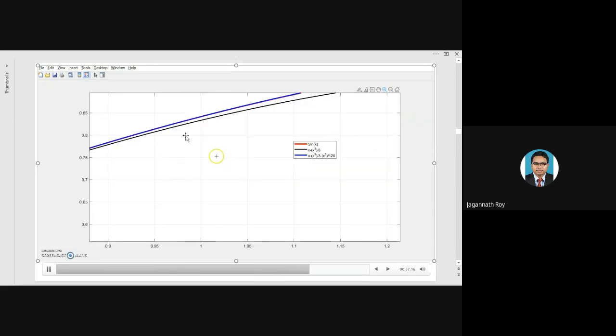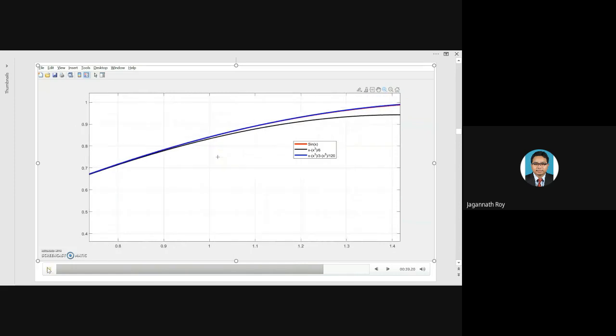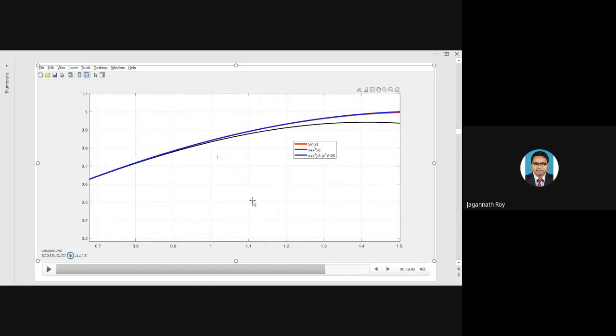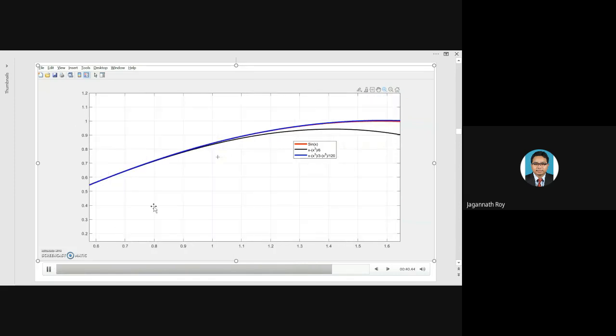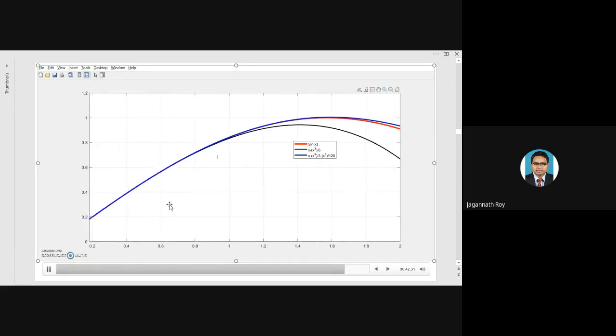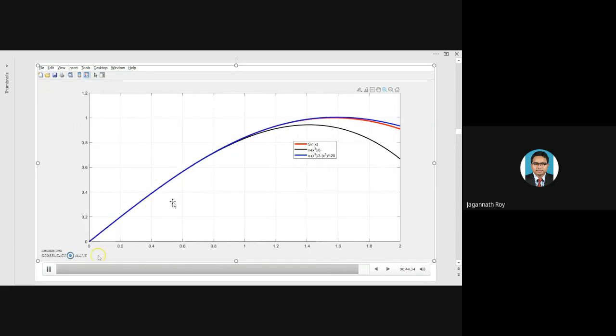But if you look at the point here, degree 3, okay.